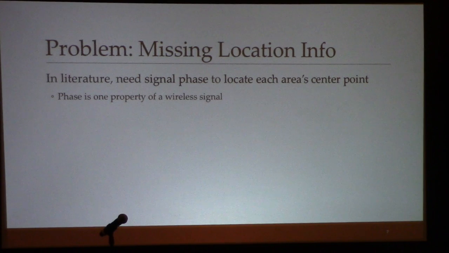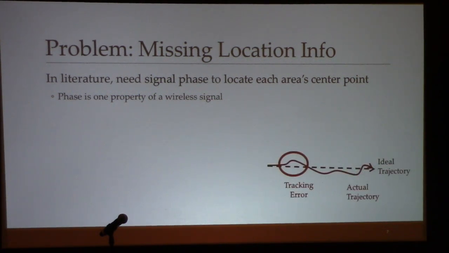But unfortunately, we can't get their accurate locations because the device will move and doesn't move in a perfect way. That means that in a traditional algorithm, we will locate the center point of each illuminated area using the phase of the signal along the device movement. By the way, for those of you who are not familiar with the term phase, it's just a property of the wireless signal. But when the device moves and tracks its movement, we always get some errors.